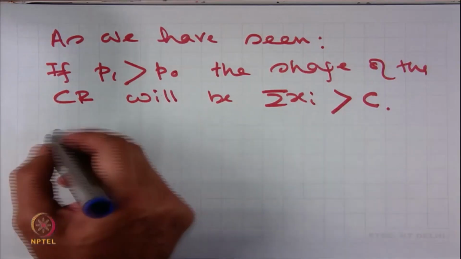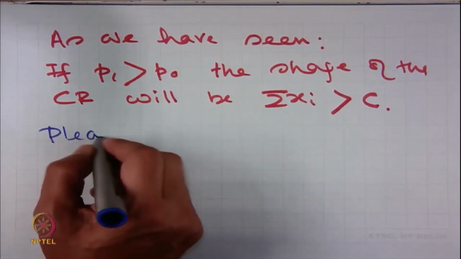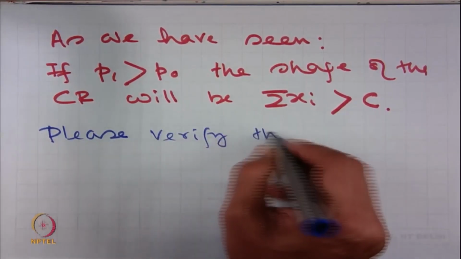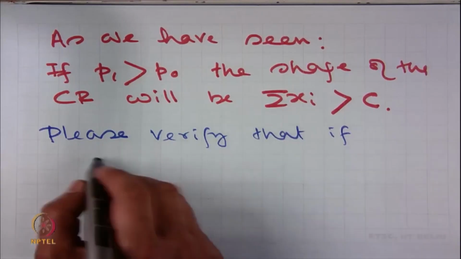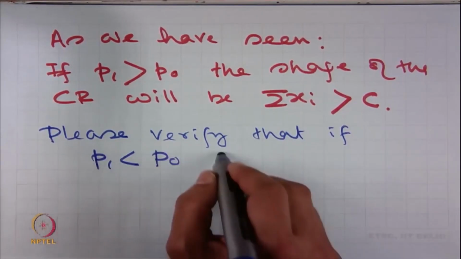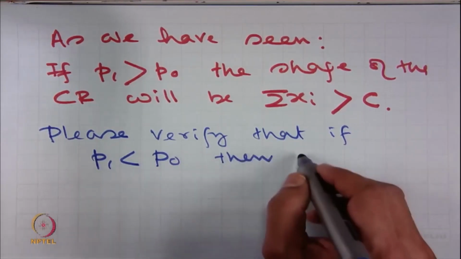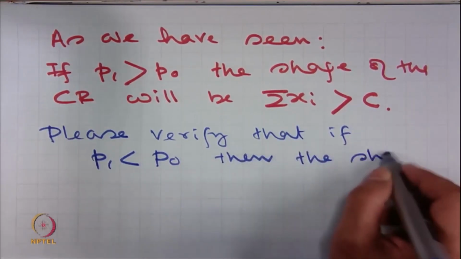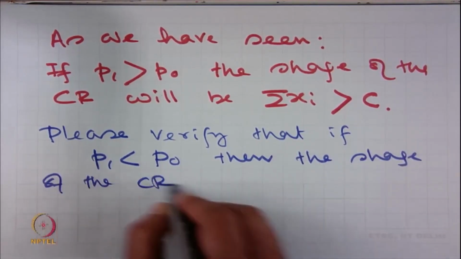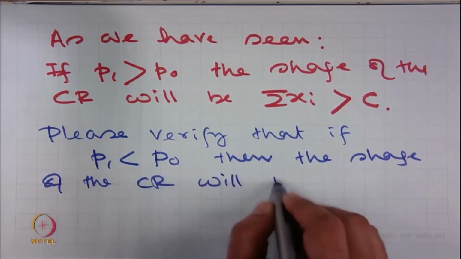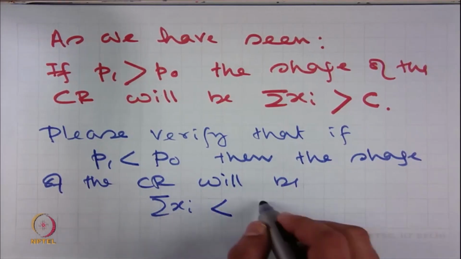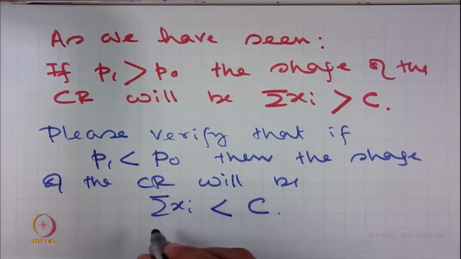I leave it to you to verify that if P1 is less than P0, then the shape of the critical region will be sigma xi is less than some constant c.